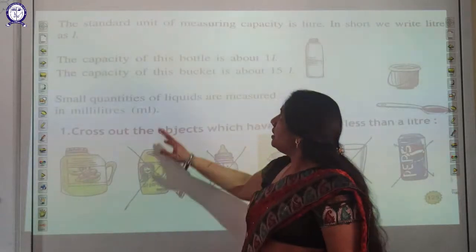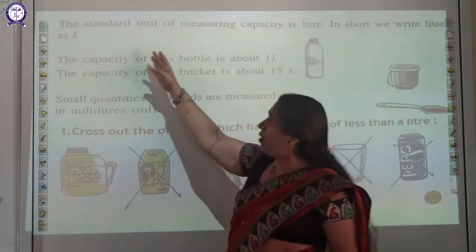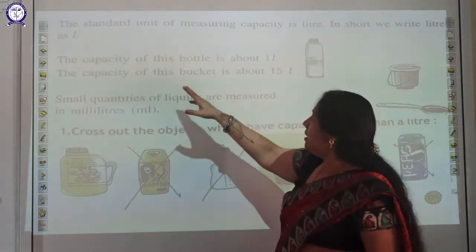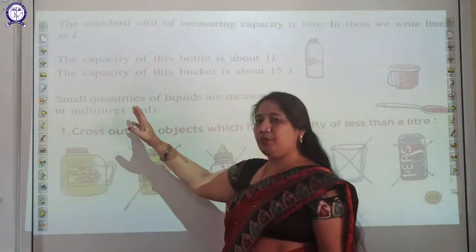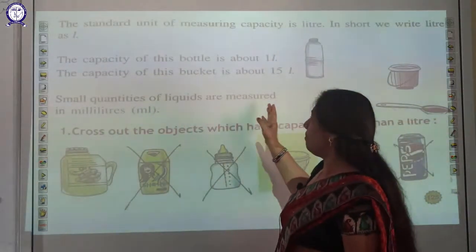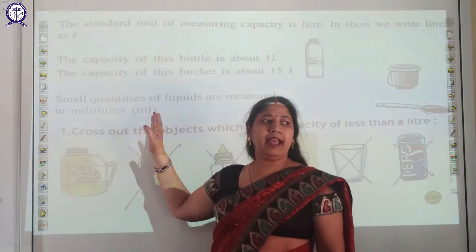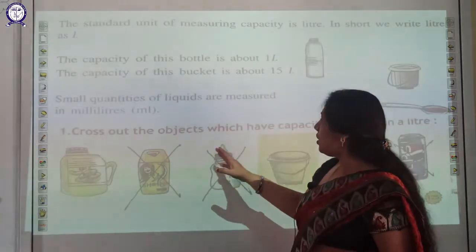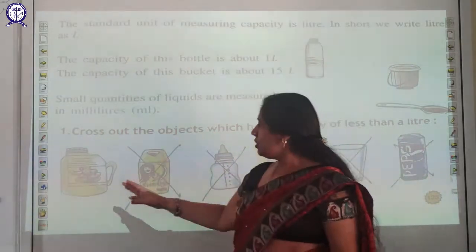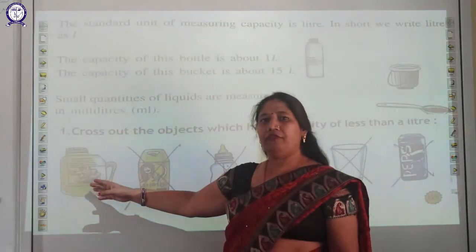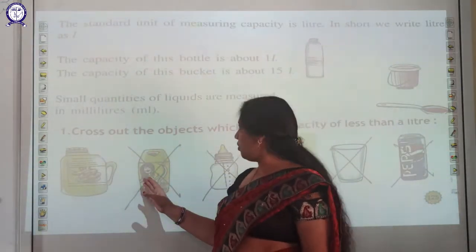Come to the next. The standard unit of capacity is liter. In short form we write L. The capacity of the bottle is about 1 liter, and small quantities of liquid are measured in milliliter, M and small l, mL. Objects that have a capacity of less than a liter are measured in milliliter. So this is 5 liter, that is milliliter, so we have to cross it.